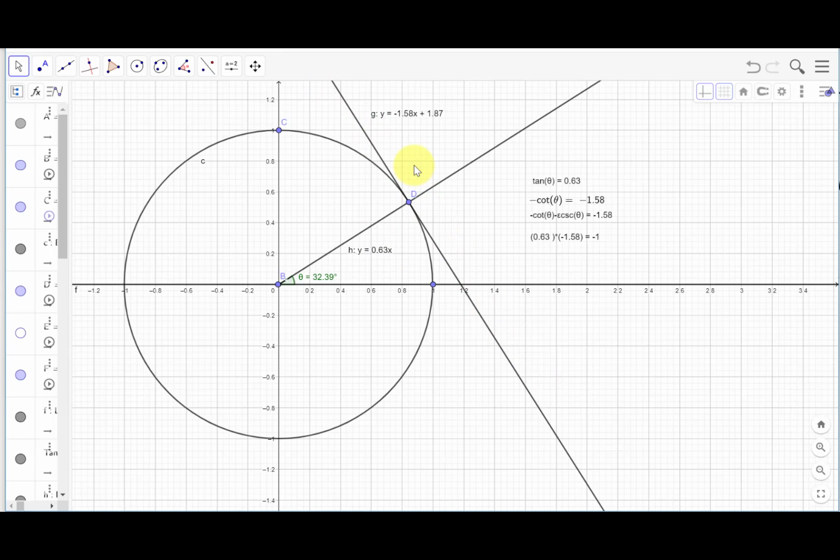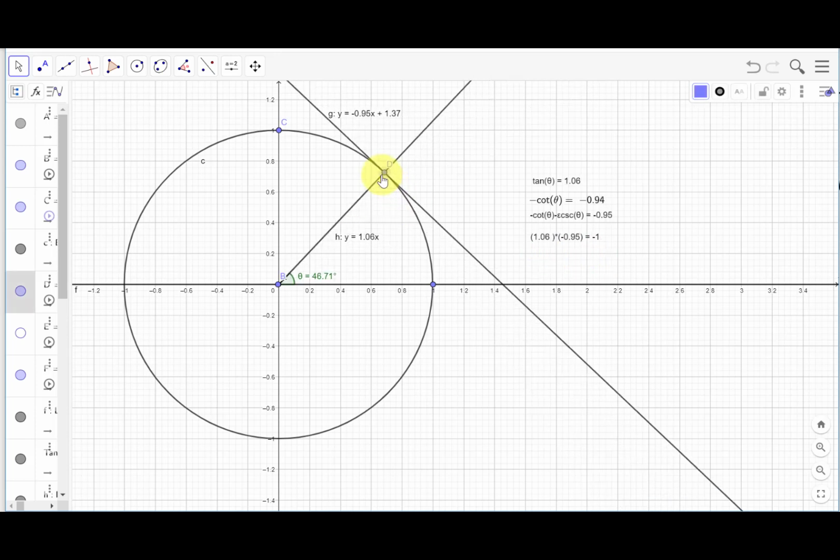And this line, this is the tangent of the circle, its slope is the negative of cotangent of theta, here negative 1.58. When you multiply these two slopes together, you'll always get negative 1 because these are perpendicular lines. Tangent and negative cotangent, when multiplied together, of course, always produce negative 1.